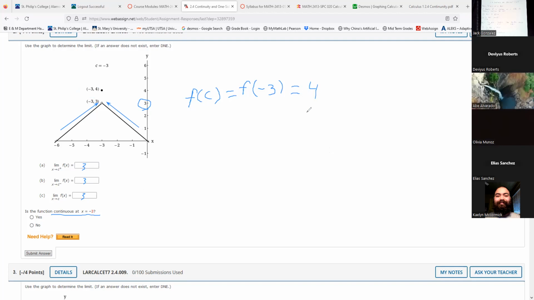Are these the same? No. No, it's not. So not continuous. Does that make sense? Yeah. The 4 is right here. So this function is saying at -3, we have the point 4.